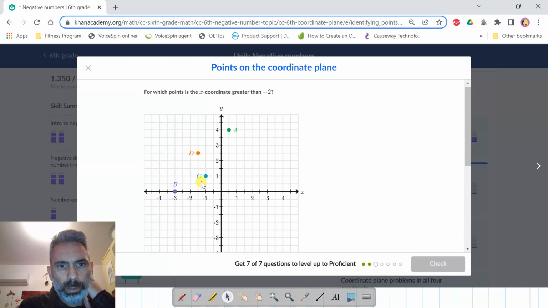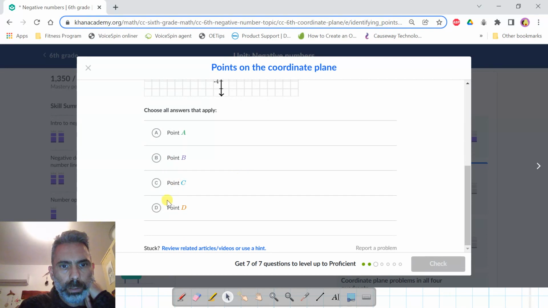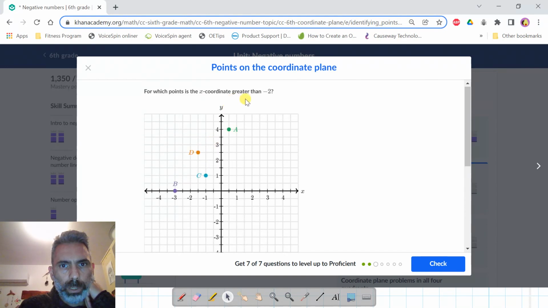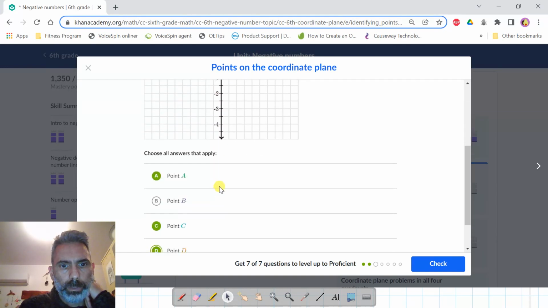D is located here, which is -1.5. It's to the right of -2. C is -1. It's to the right of -2, and A is 0.5, which is to the right of -2. So which points have an x-coordinate greater than -2? C, D, and A. The only one that is not greater than -2 is B.